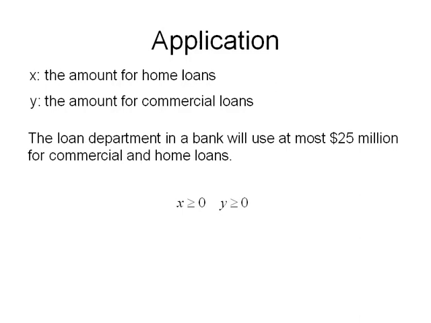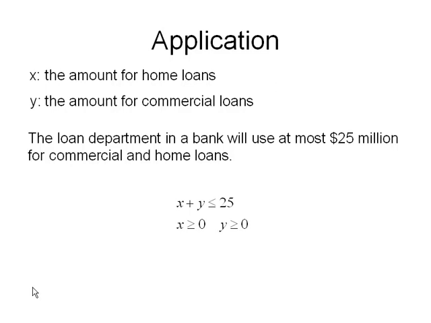The loan department in the bank will use at most $25 million for commercial and home loans. That "at most" tells me that we're talking about an inequality: we're not going to have more than 25.